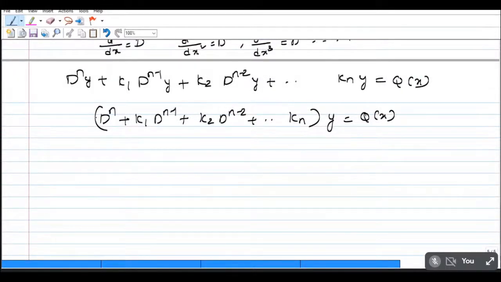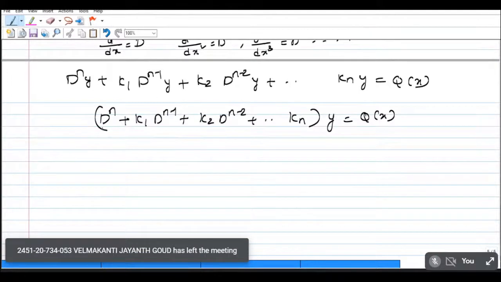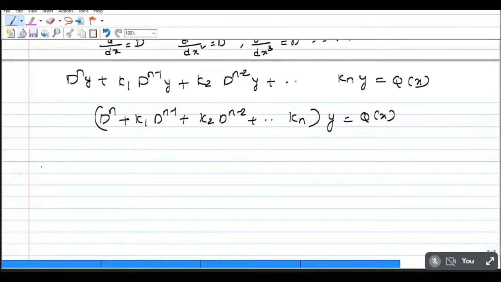First we will discuss how to find the complementary function.